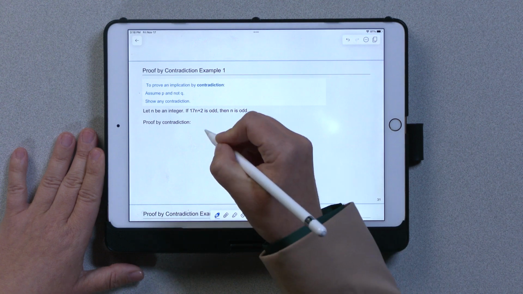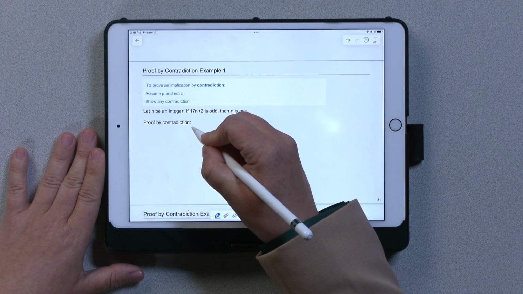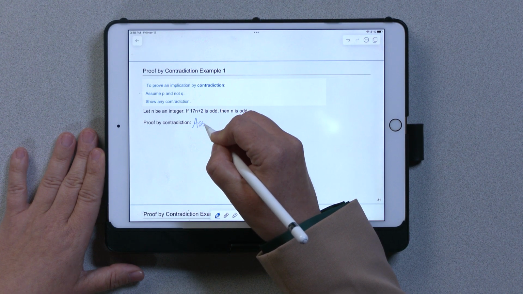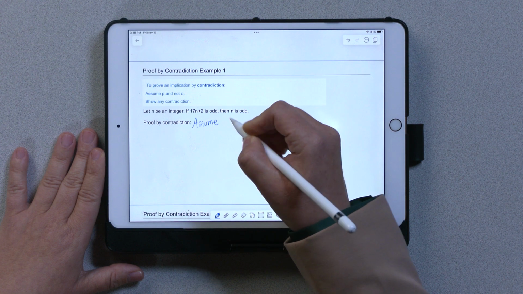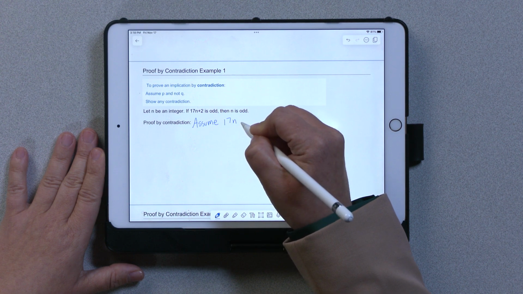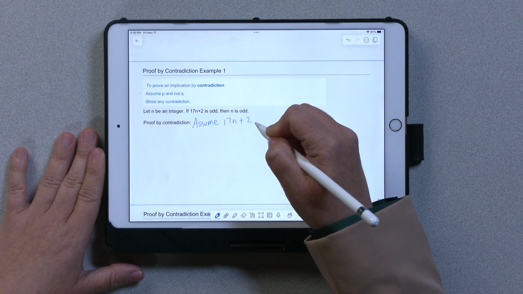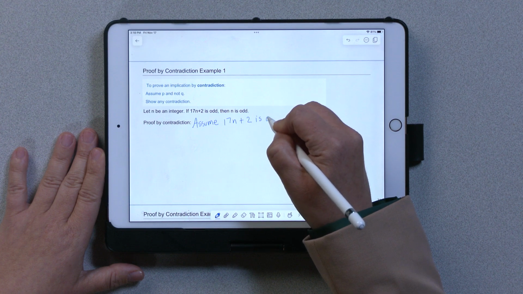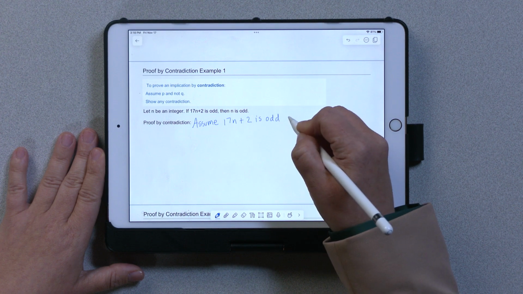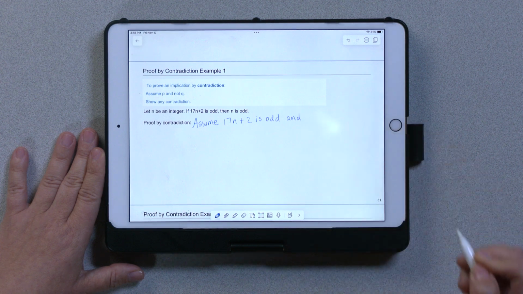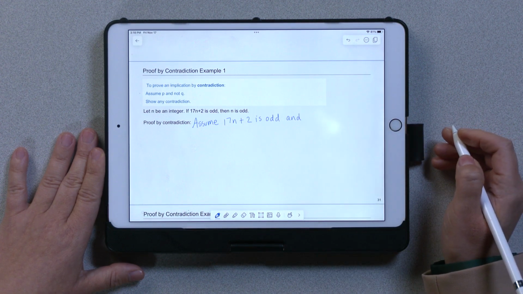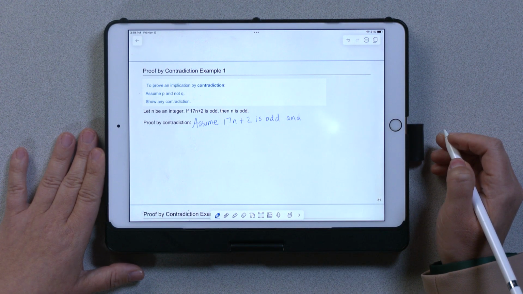So we want to assume the premise, so that means we're going to assume that 17n plus 2 is odd. And we want to assume the negation of the conclusion. So the conclusion is n is odd.